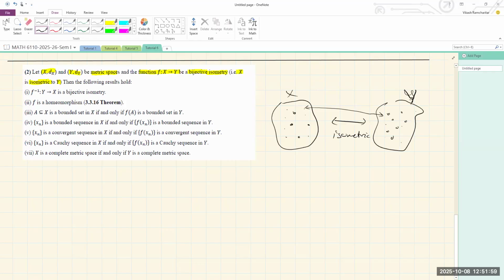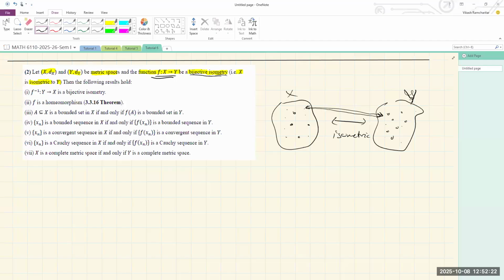So what is the dictionary in this case that allows us to go back and forth between these two metric spaces? It's this function. It's this bijective isometry. This is essentially the dictionary that allows us to convert between these two metric spaces. Okay.